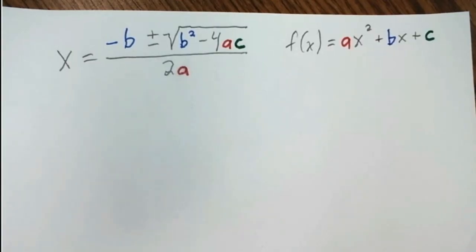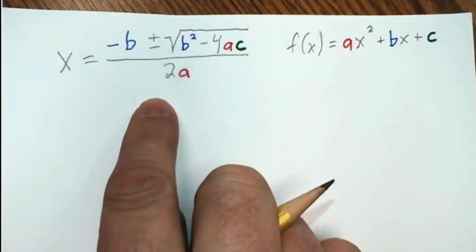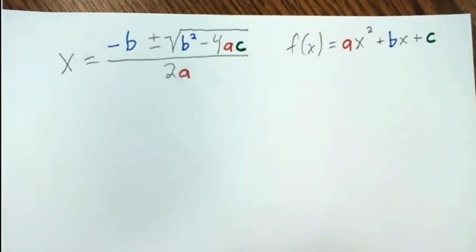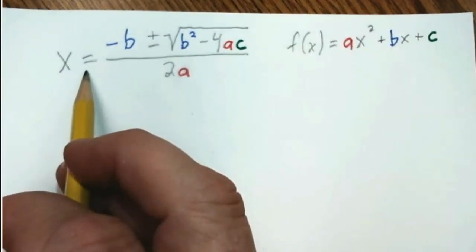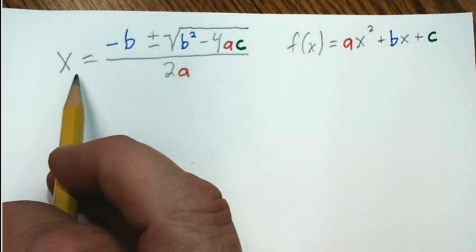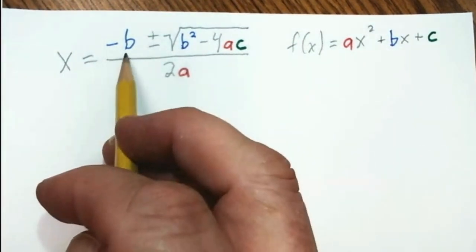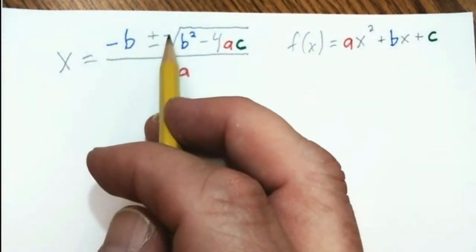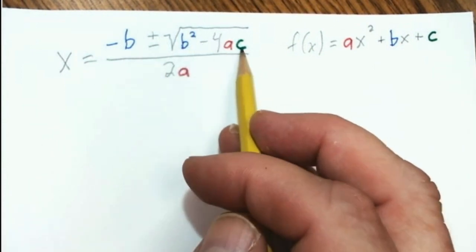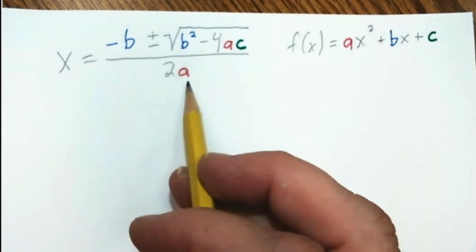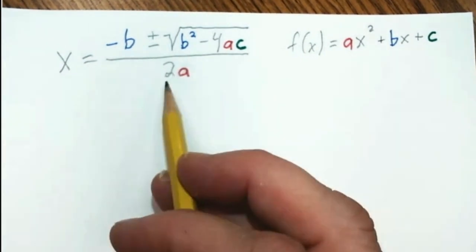Okay, here we have the quadratic formula. And the quadratic formula can be used to solve any quadratic equation. So the formula goes x equals, so this is telling our solutions, our x's, negative b plus or minus the square root of b squared minus 4ac, over 2a. Now, where do we get this a, b, c?